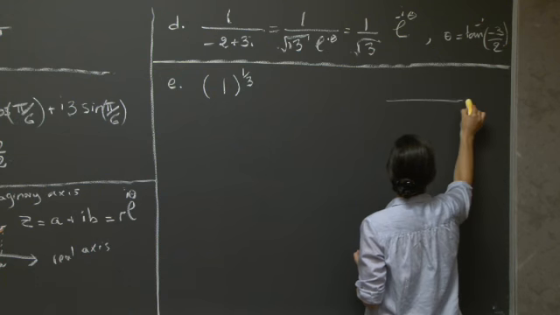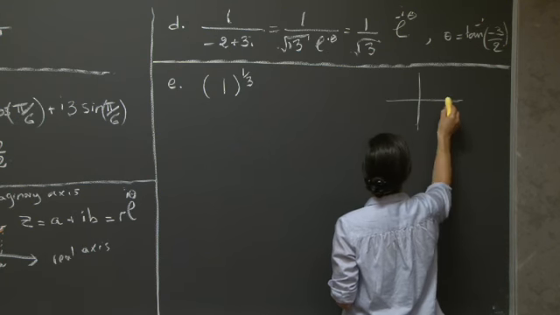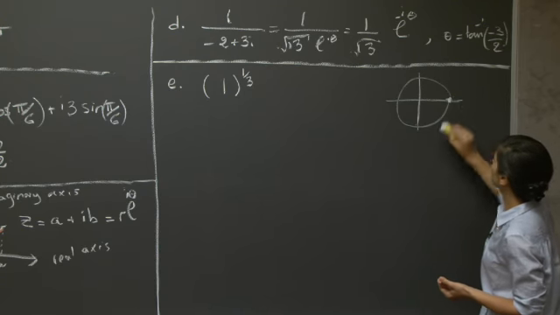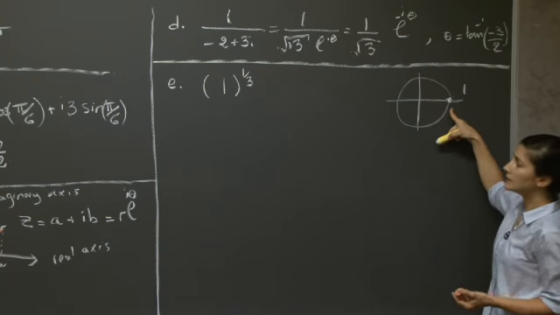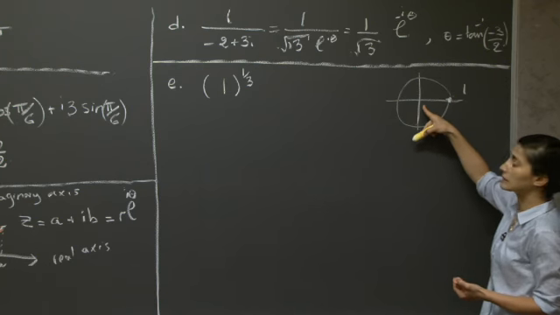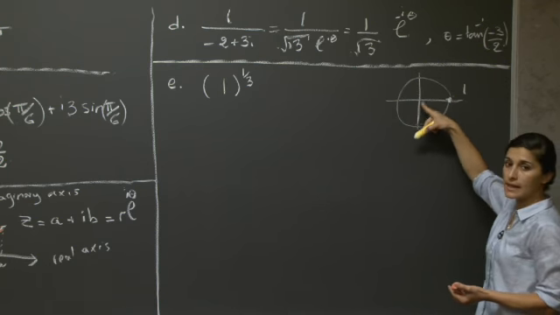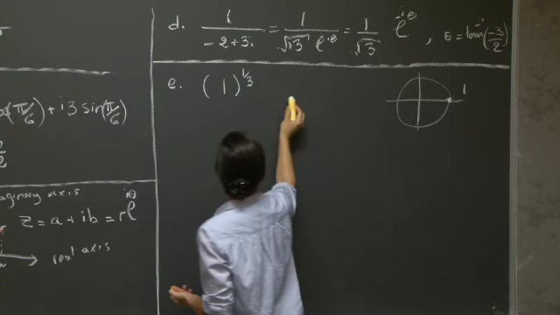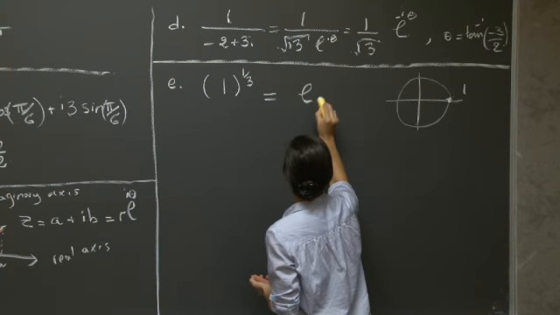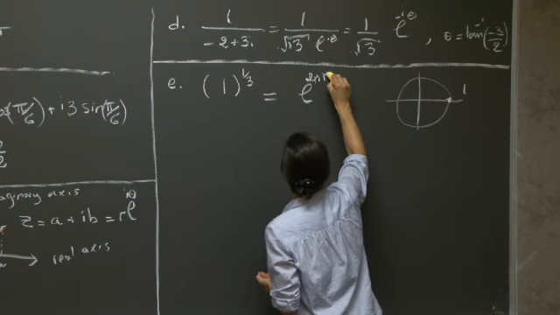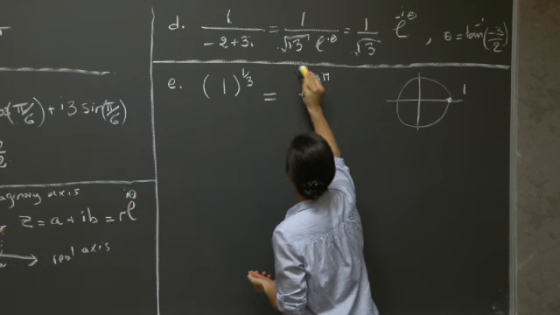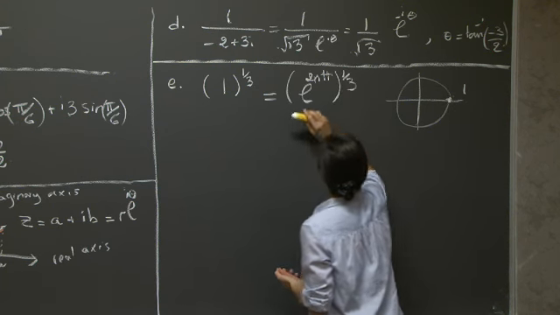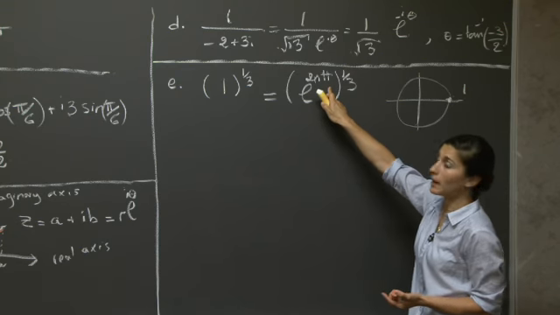And if we go to the complex plane, and I just introduce here the number 1, we see that in polar form, 1 is just basically a complex number with modulus 1, and angle 0 modulus 2 pi. Right? So we can write 1 as exponential of 2 n pi, because it's basically angle 0 modulus 2 pi.